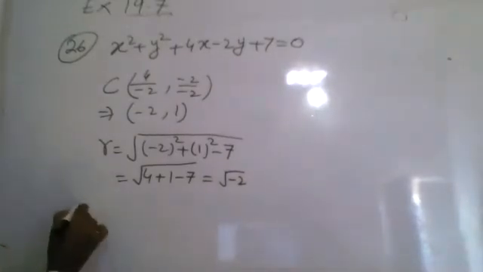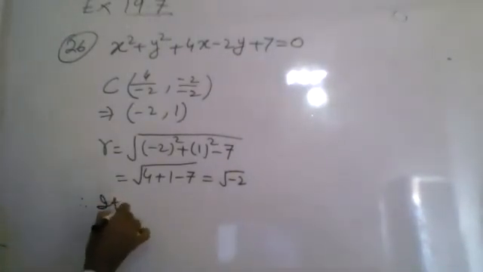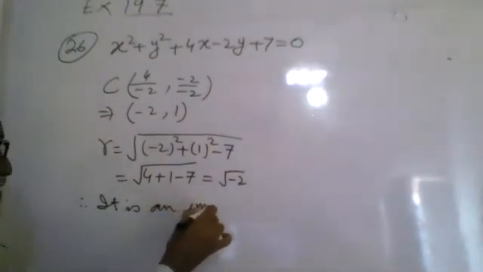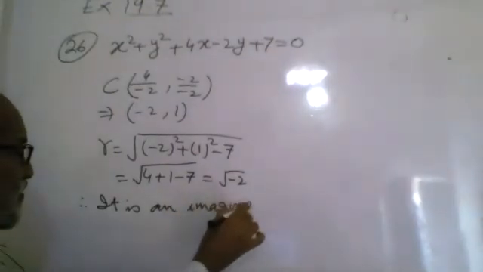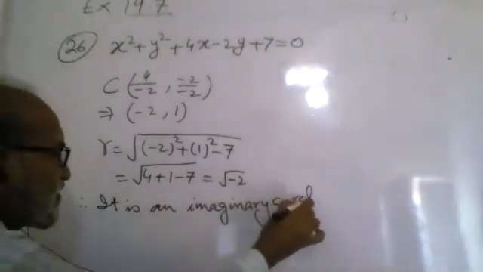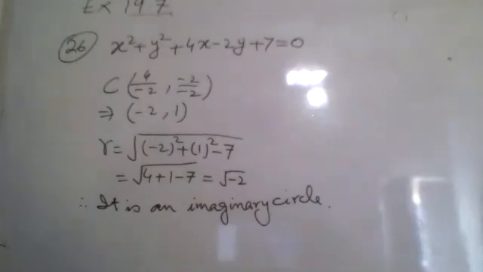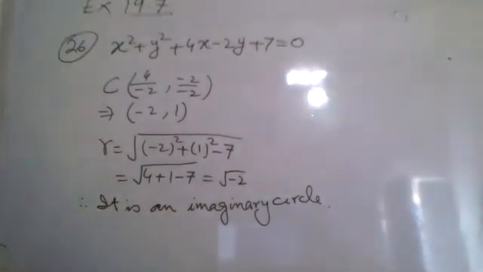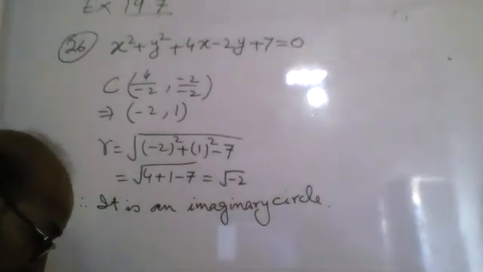Therefore, it is an imaginary circle. So 25 was the point circle and 26 was the imaginary circle.